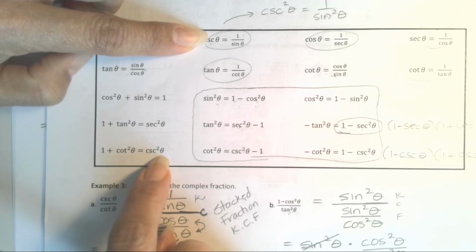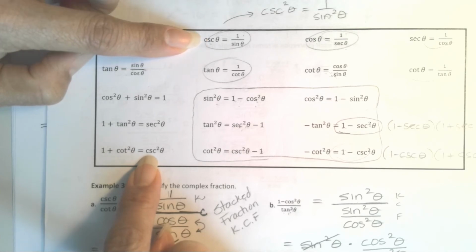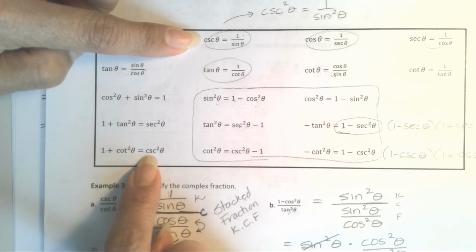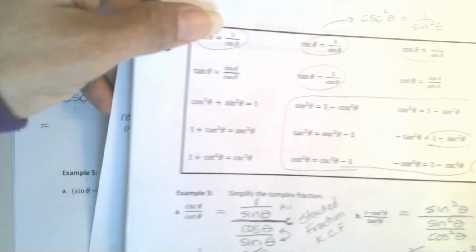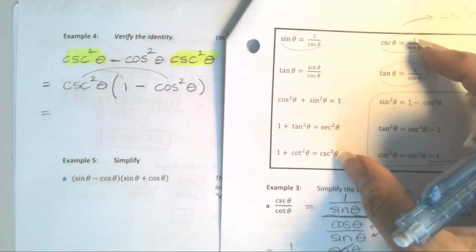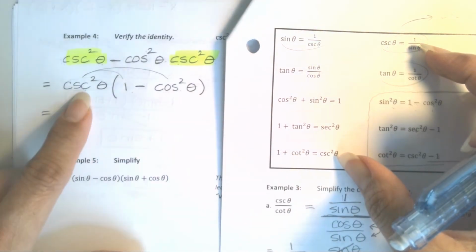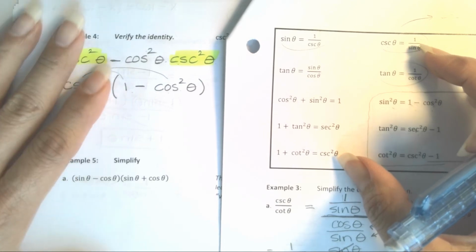Which one are y'all going to use? The top or the bottom? What do y'all think? You're trying to get to a number 1. Which one of these is going to be the better one to use? You're going to use the bottom, so you're going to put 1 plus cotangent squared.